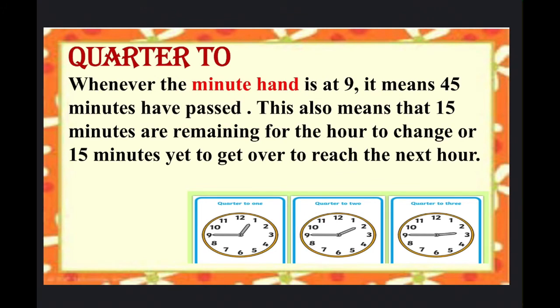Quarter to. Whenever the minute hand is at 9, it means 45 minutes have passed. This also means that 15 minutes are remaining for the hour to change, or 15 minutes yet to get over to reach the next hour.